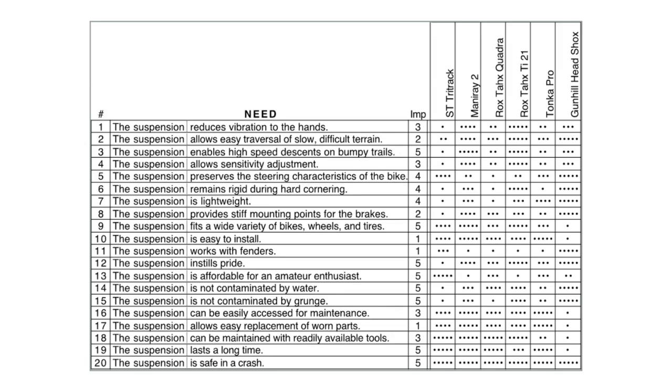In this example, we have 6 competitive products, it means 6 competitors. The first one is called ST Tritrax, the second one is Manire 2, and so on.